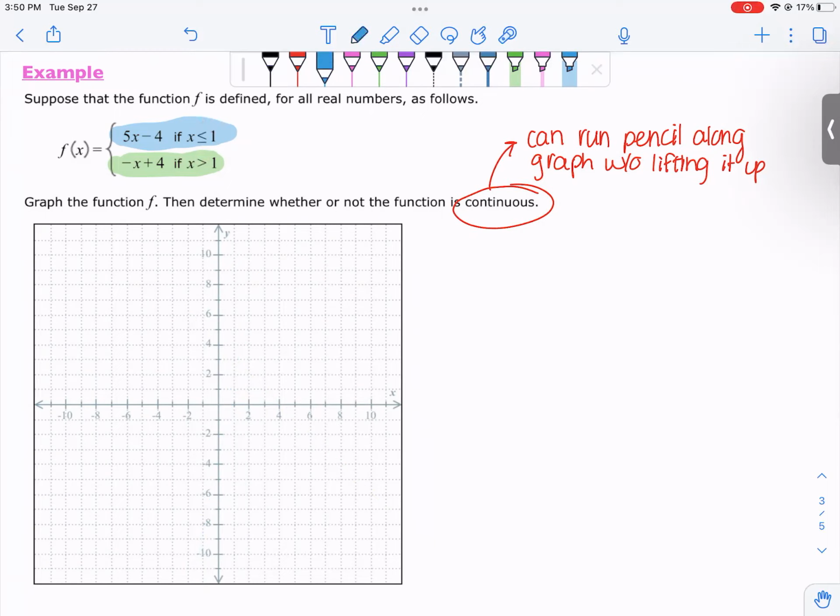So plotting the point 1 comma, what happens if you plug 1 into this function? 5 times 1 is 5, minus 4 is 1. So you would have the point 1, 1 with a closed circle because there is an underline.